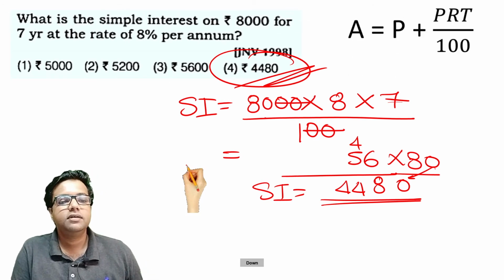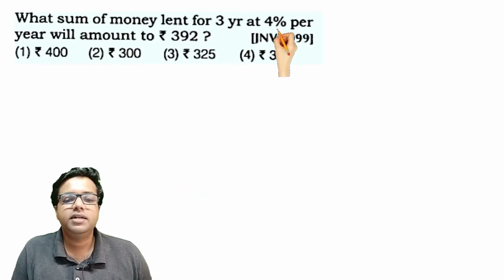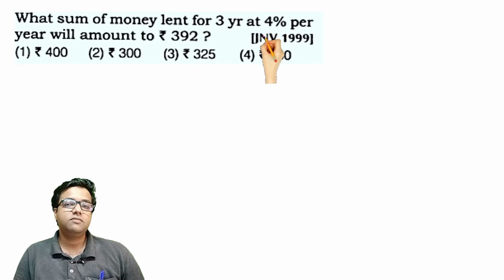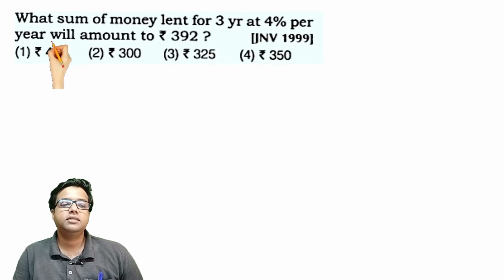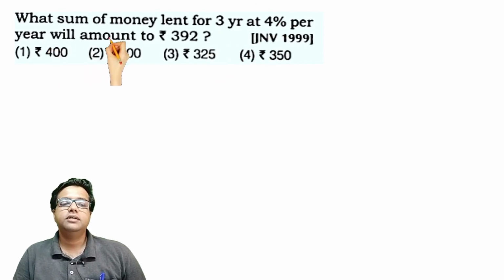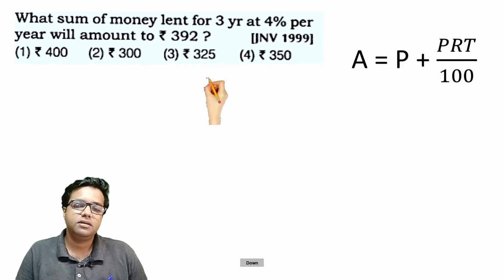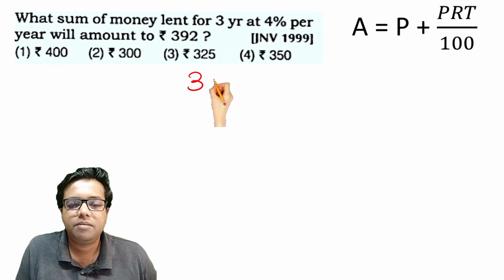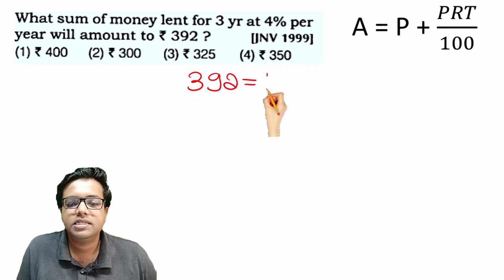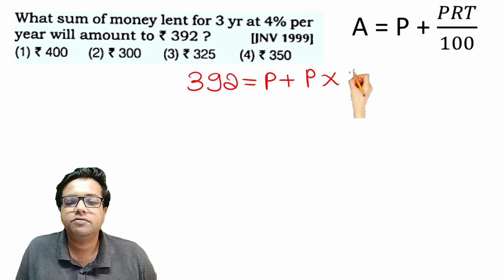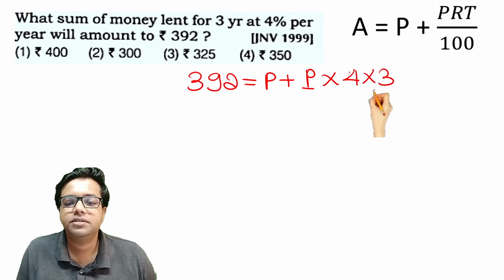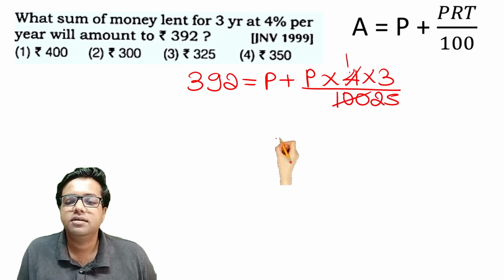Let's move ahead. What sum of money lent for 3 years at 4% per year will amount to 392? We need to find the principal. Amount is given, 392, is equal to principal, which we don't know, into rate of interest 4 into time duration 3 divided by 100. 4 ones are 4, 4 25s is 100.